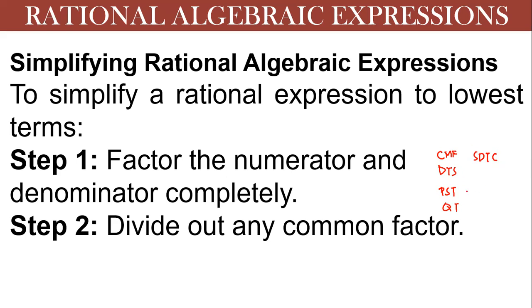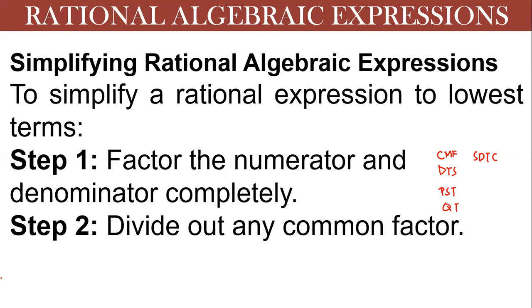We will use these 5 ways to factor polynomials for step 1. And then step 2, we will divide out any common factor. If we have a common factor in the numerator and denominator, we will just divide out or cancel out.